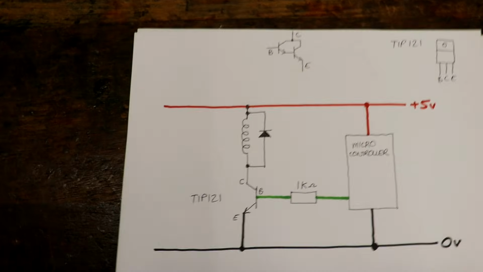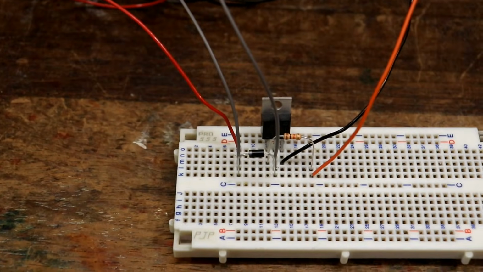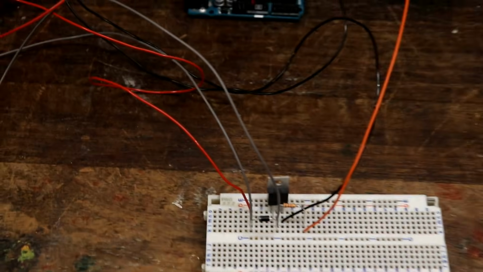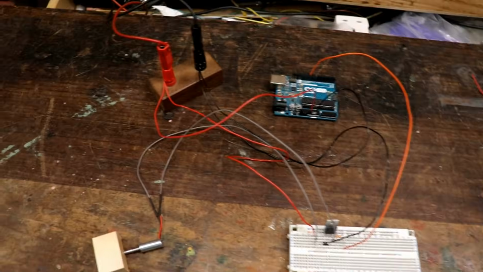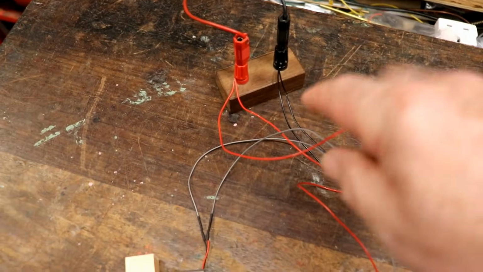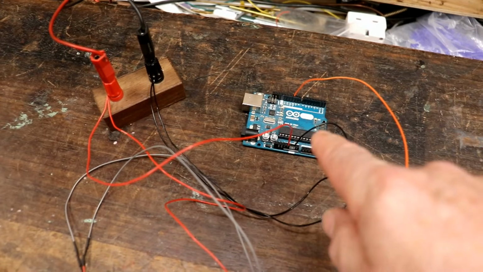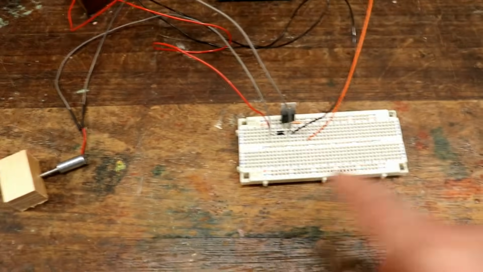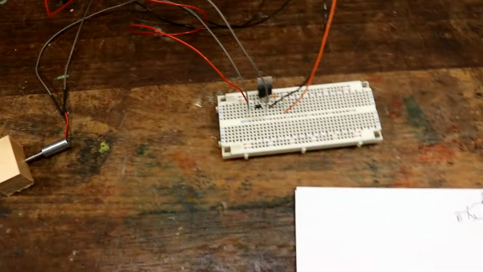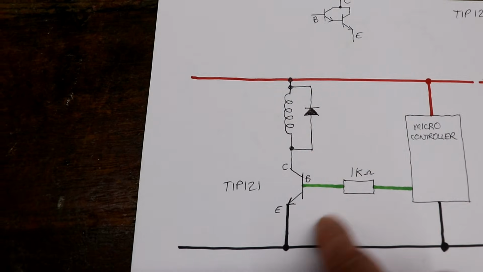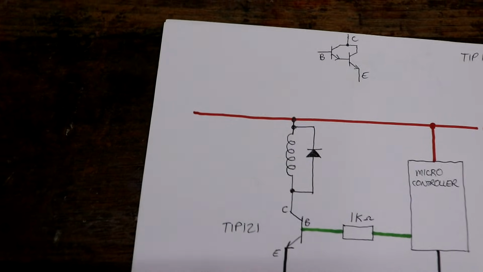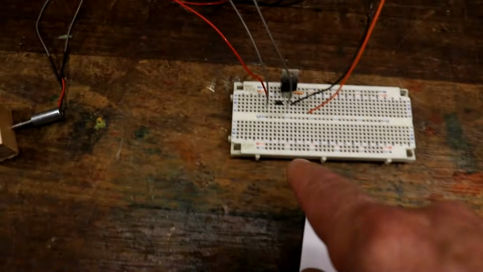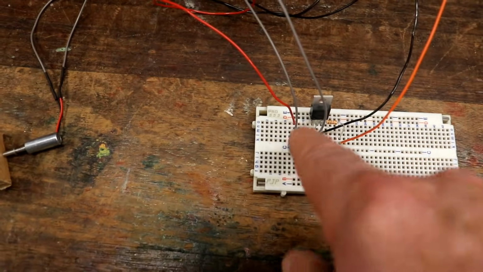So that's what the circuit looks like, and here's what the wired up one looks like. So we've got 5 volts coming in, we've got 5 volts going to supply the Arduino and ground, 5 volts and ground coming over to this little breadboard here, which is wired up exactly like that. And we've got the solenoid there connected across the diode.